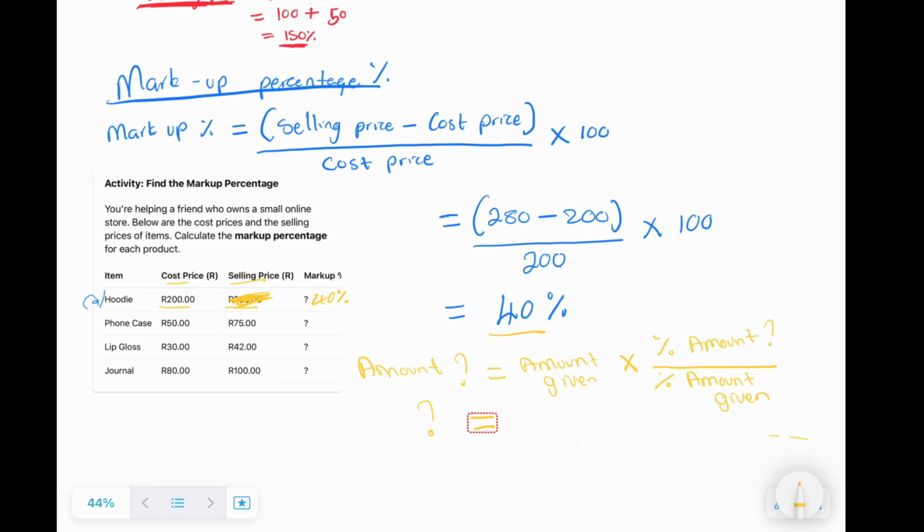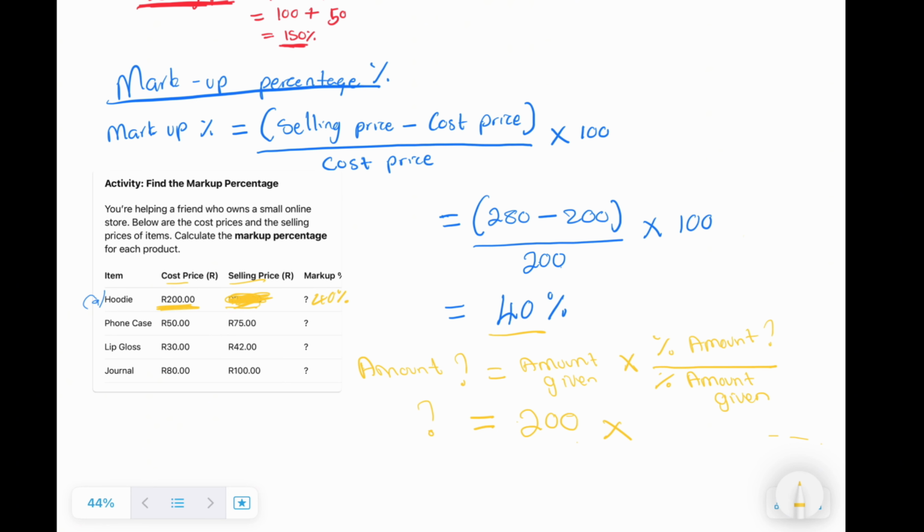So you're going to say the amount you're looking for equals to amount given. Which amount has been given to us? We have this cost price, right? So it's going to be 200 multiplied by the percentage of the amount you're looking for. What are we looking for? We are looking for the selling price, right? But we want to know the percentage of the selling price.